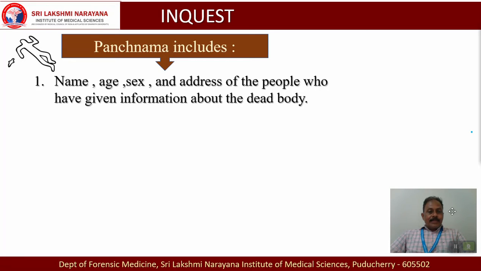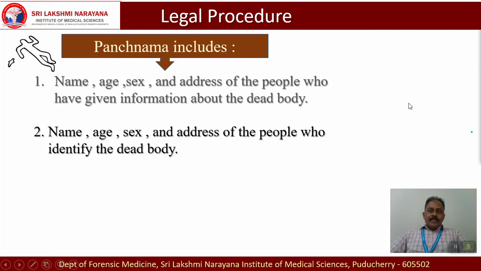Then first you will find in the Panchanama the name, age, sex and address, all particulars of the people who give information about the body, the informer's details. Even if someone dialed 100 to the police station, the police officer receiving it may ask who he is, or maybe an anonymous call has come and he has proceeded, but they may write the particulars of the informer if given.